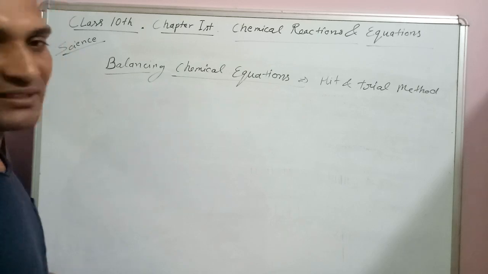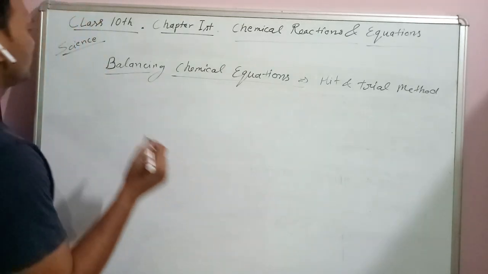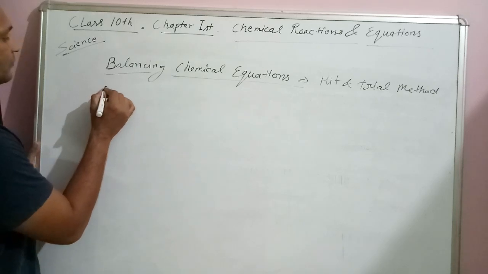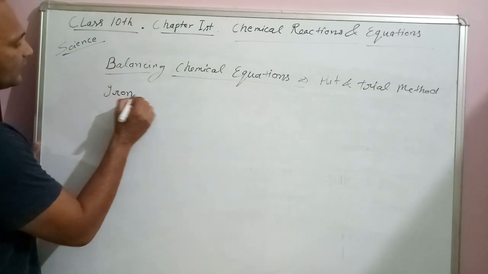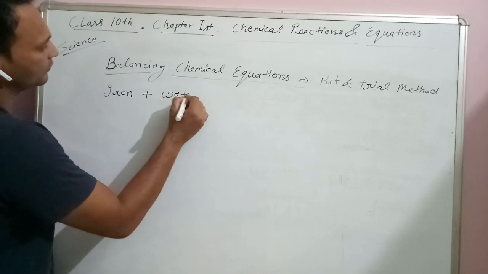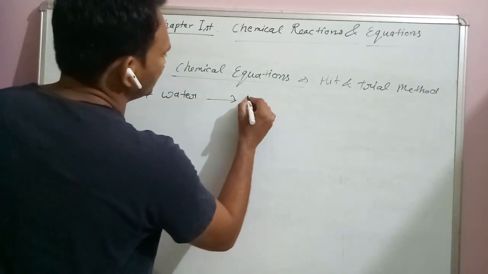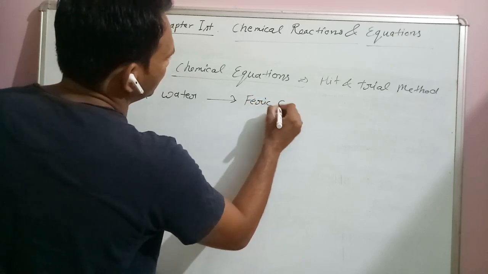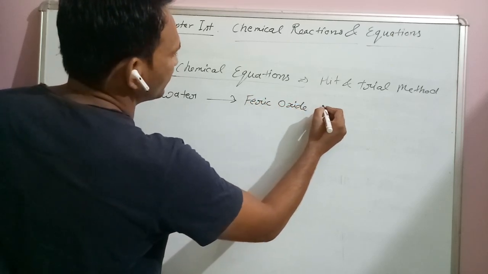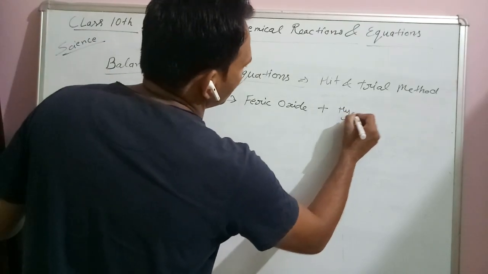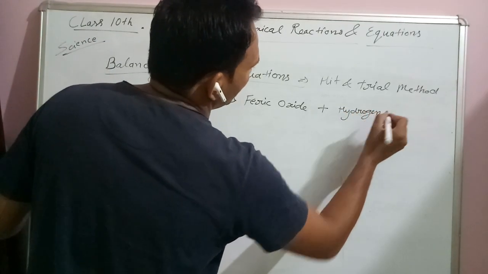So we first take an example of a chemical reaction. Iron reacts with water to form ferric oxide plus hydrogen.